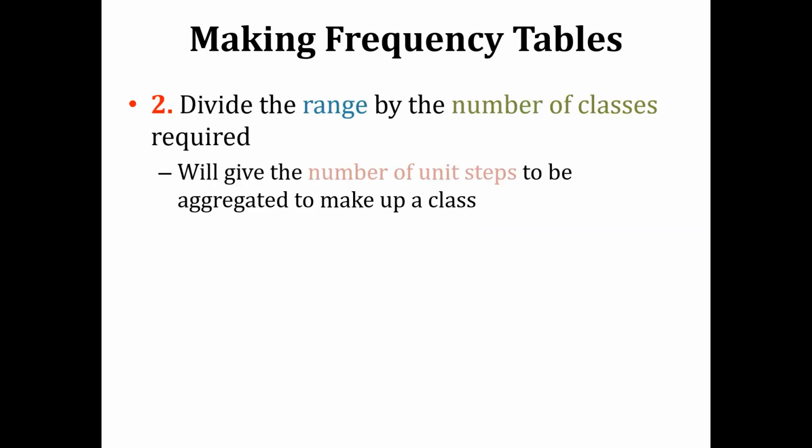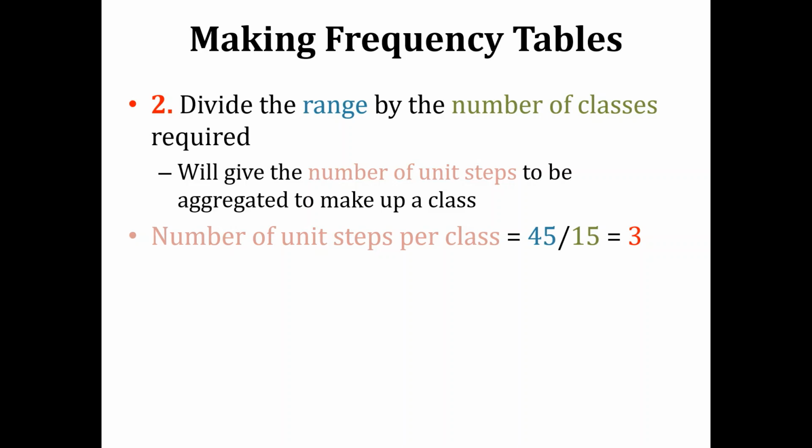In the next step, we are going to divide the range by the number of classes required, and this gives us the number of unit steps to be aggregated to make up a class. So what is our range? The range is 45. And the number of classes required is 15. So we divide 45 by 15, and we get the number 3.